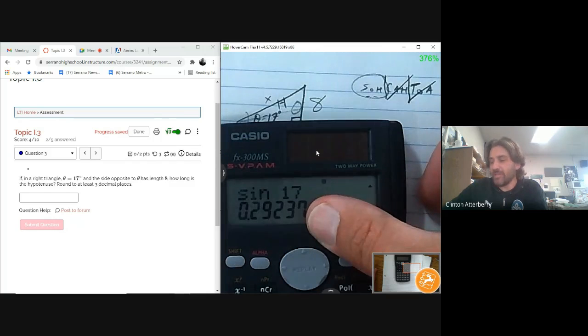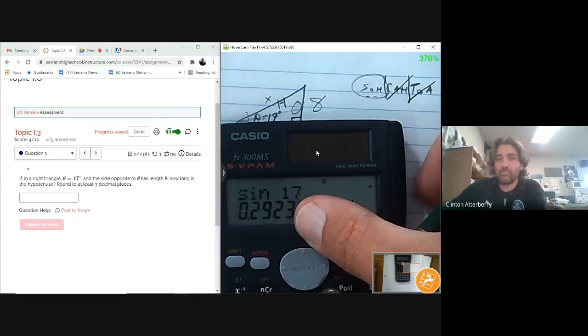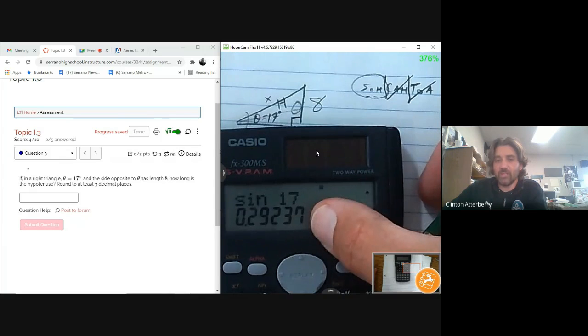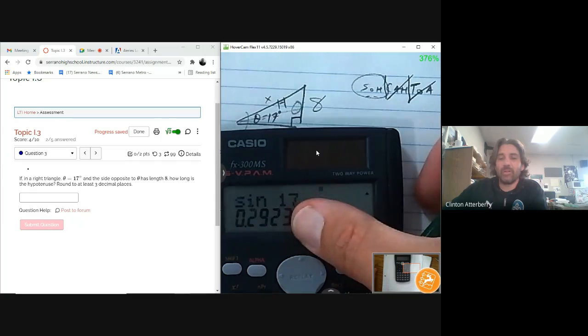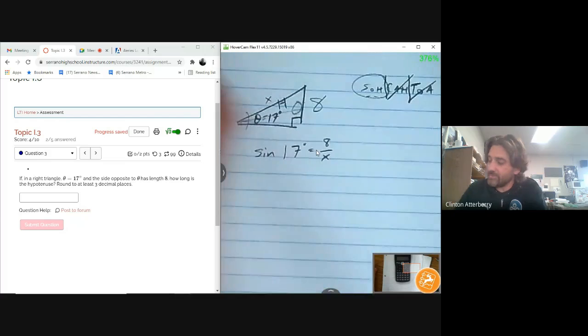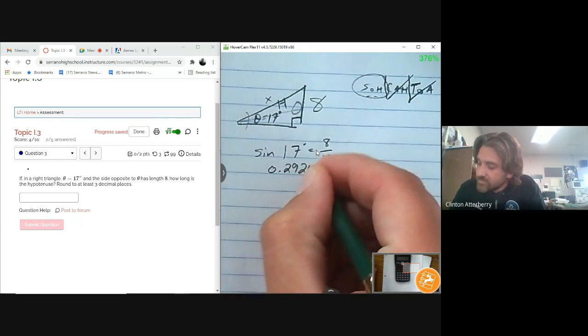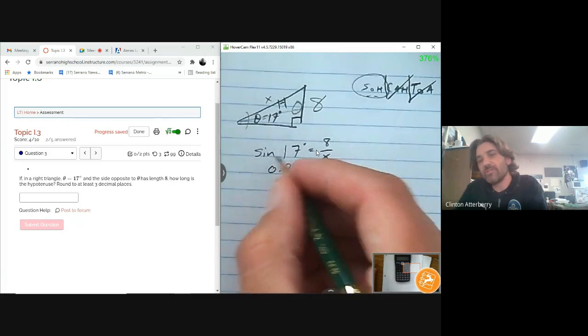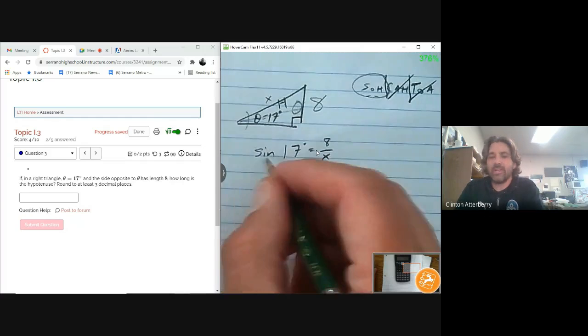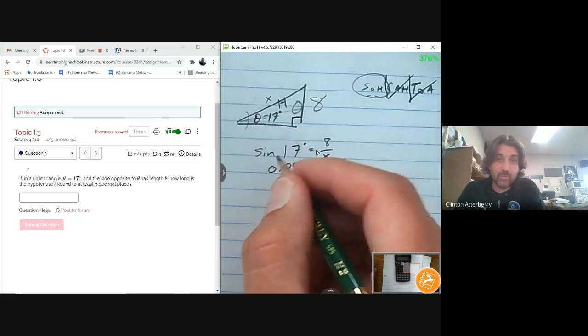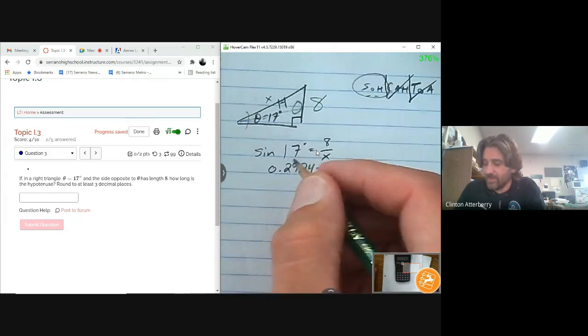If it's 5 or bigger, you make the 4th number 1 larger. If it's 4 or smaller, you just keep the number where it's at. I noticed it's a 7, so we round up, so it's going to be 0.2924. All of these sine functions, cosine of any number, tangent of any number, just equal a number.